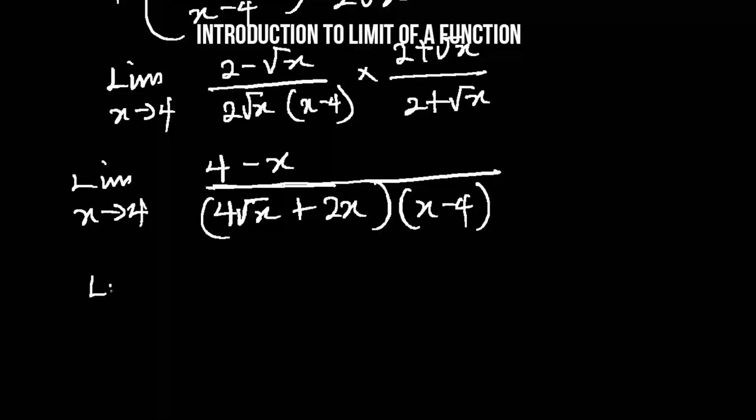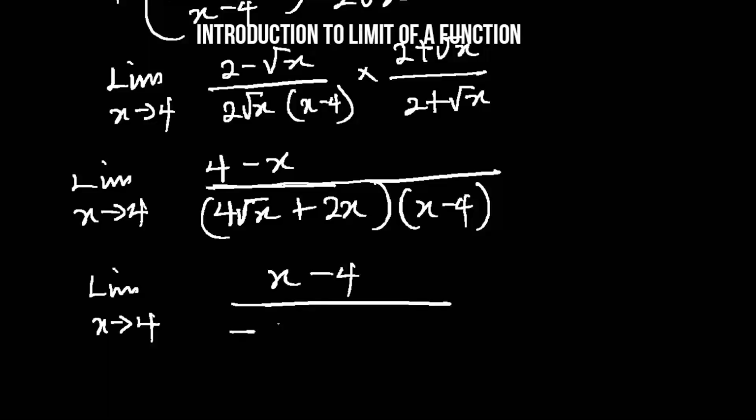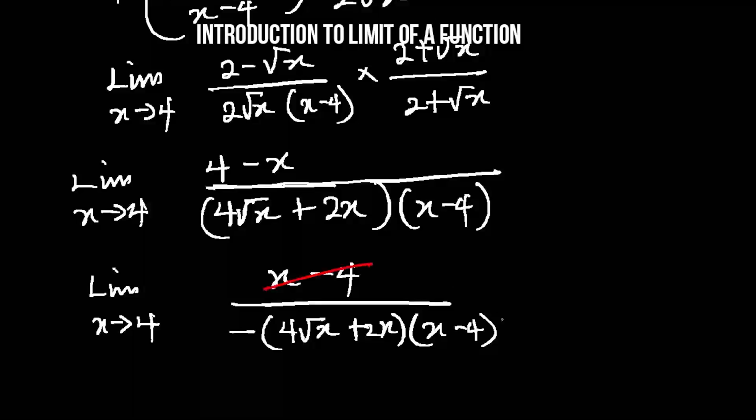So we have the limit as x tends to 4 of x minus 4 divided by negative into bracket 4 root x plus 2x into bracket x minus 4. So we have this to cancel this.